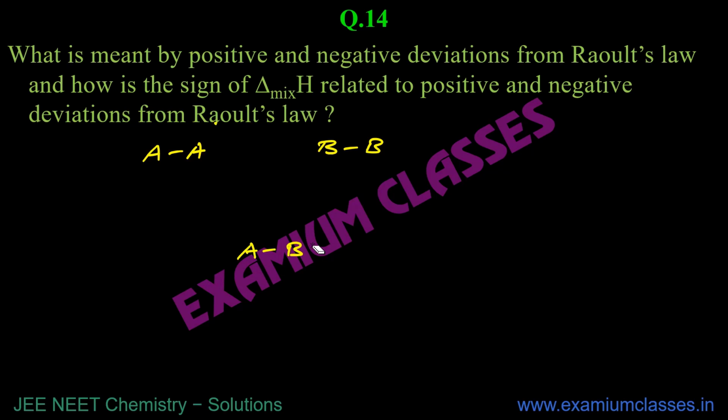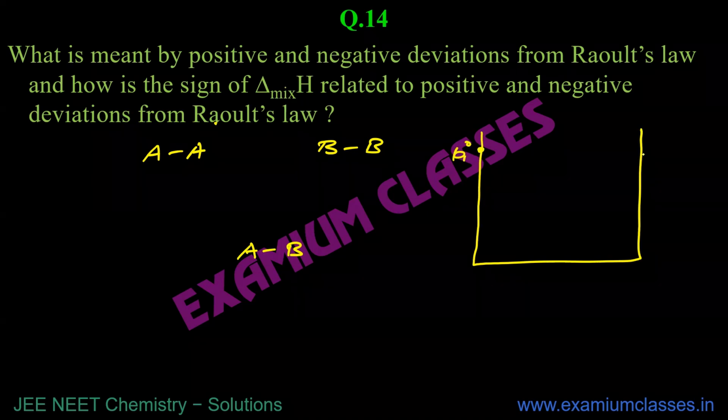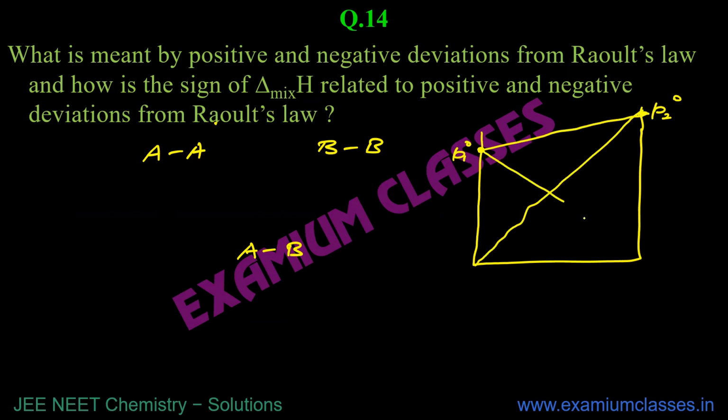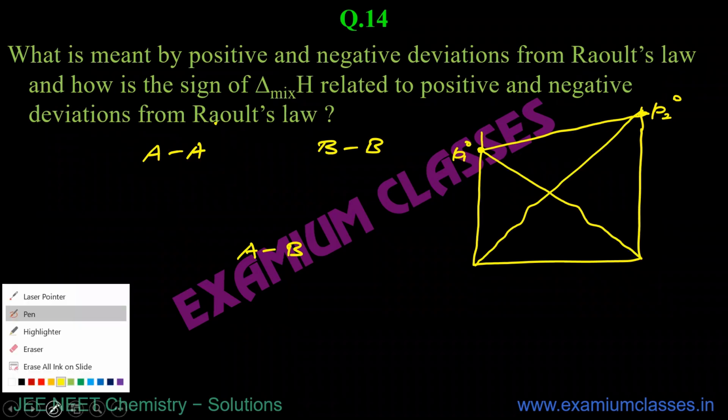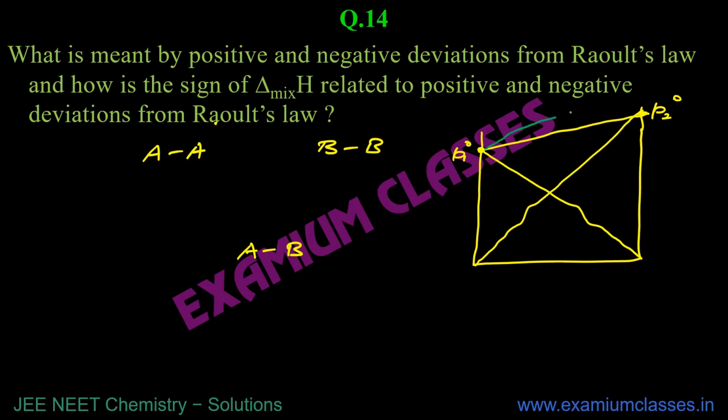In the diagram we will show it like this is P1 naught, this is, say, P2 naught. Positive deviation will be something above. So you can remember it by the diagram as well: the vapor pressure lines of the resulting solution will be greater.